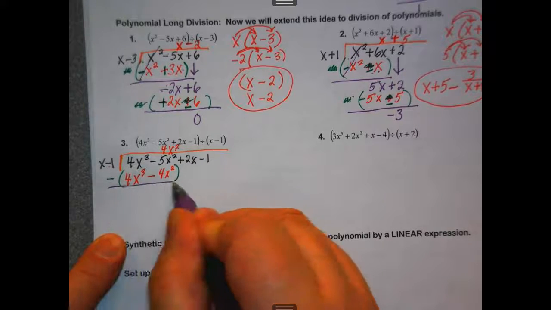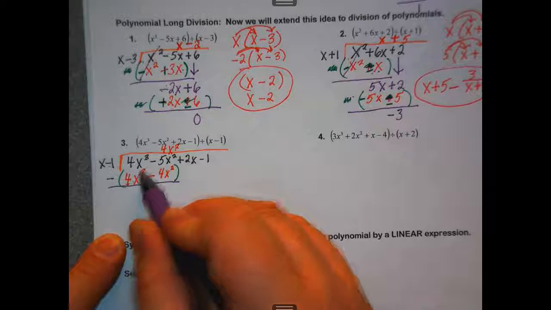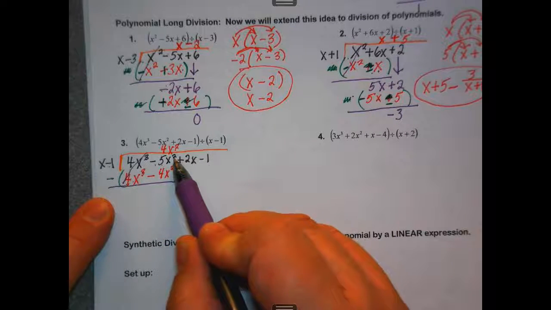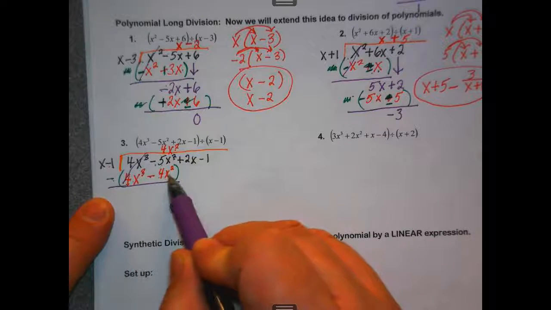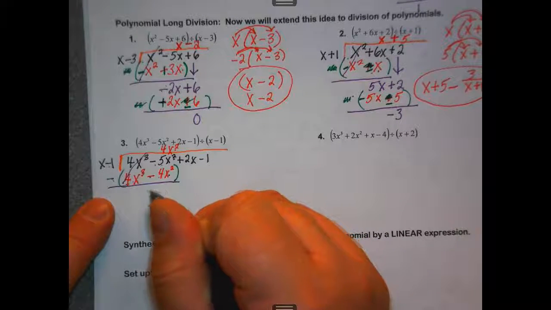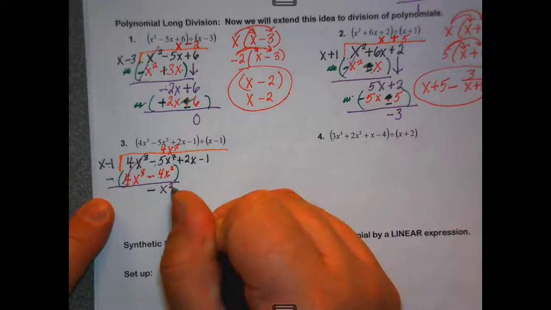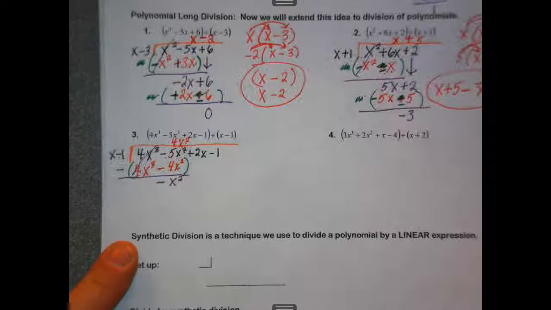So I get 4x cubed minus 4x cubed is my 0. Negative 5x squared minus minus makes it a plus 4x squared. Gives me a minus 1x squared. I didn't cross out my signs this time.